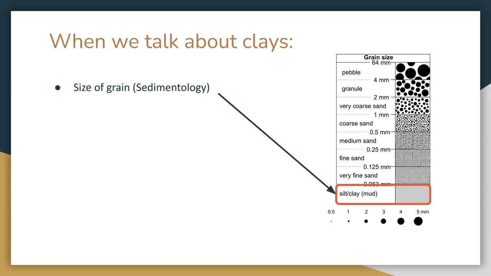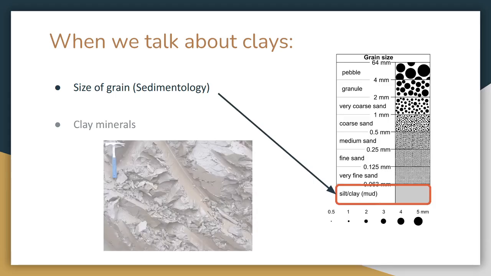We can also be talking about clay minerals, which are the minerals that most commonly form these types of sediments and have some specific characteristics that make them so useful in the industry.